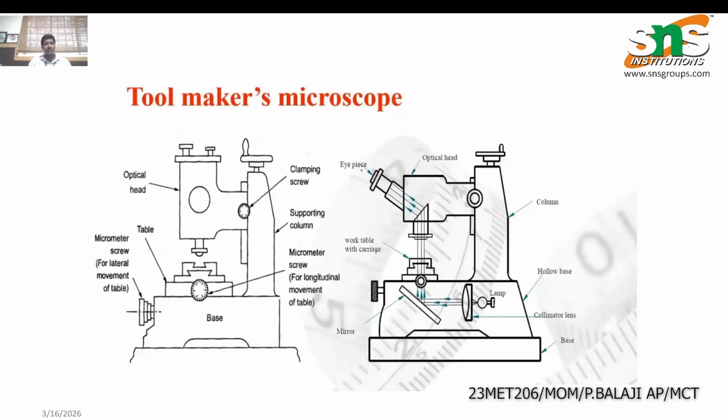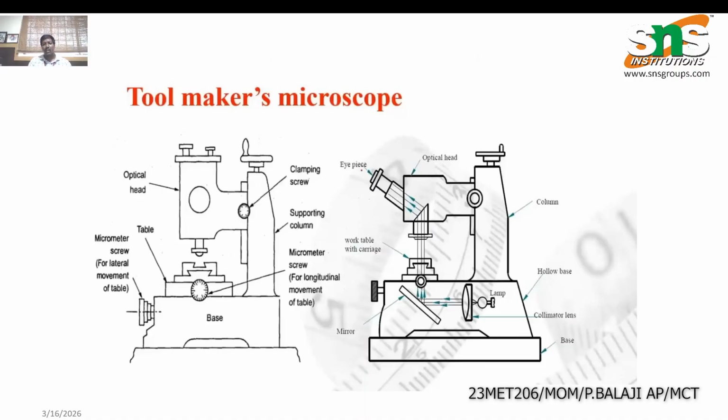Inside we have a lateral movement table with screws, so by using this lateral movement screw we can adjust the base from left to right. We have vertical columns, so we can easily move the optical head by adjusting the top screws. On the right side you can see internal parts like lamps and lenses.